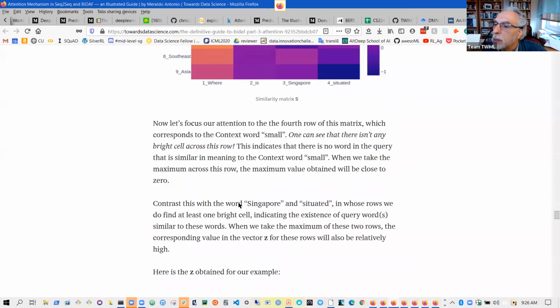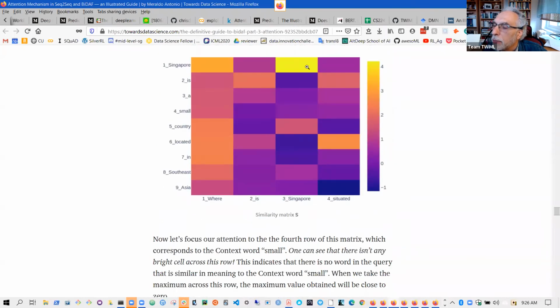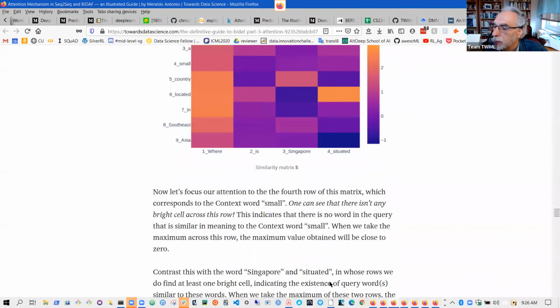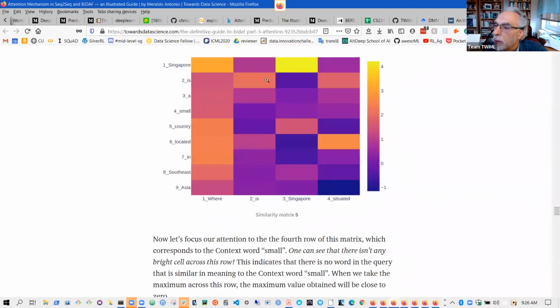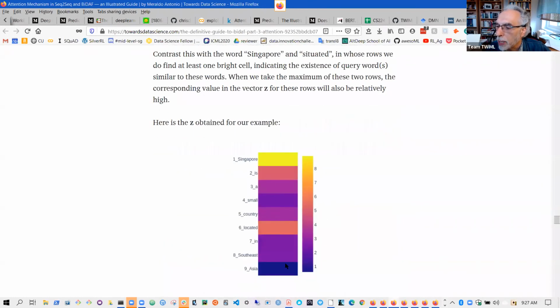I think this is basically what we did. The Z vector that he talks about here is the same as our M vector. And it's going to be the maximum here, the maximum here, the maximum in this row, the maximum in this row, and so on. It's basically making a vector out of the maximums of each row, right? That's what we're getting here.